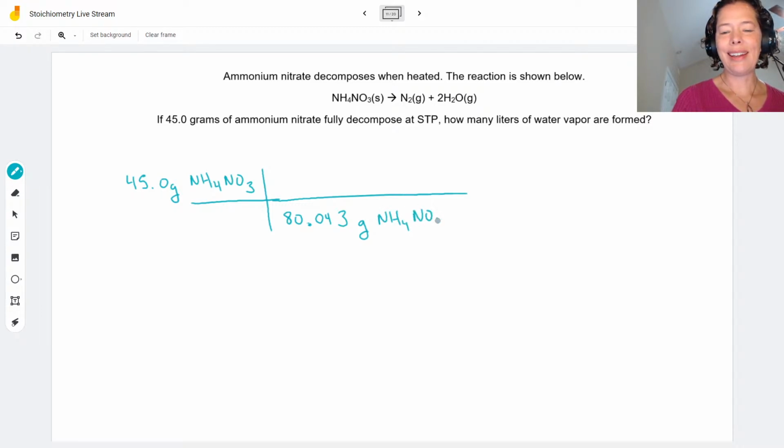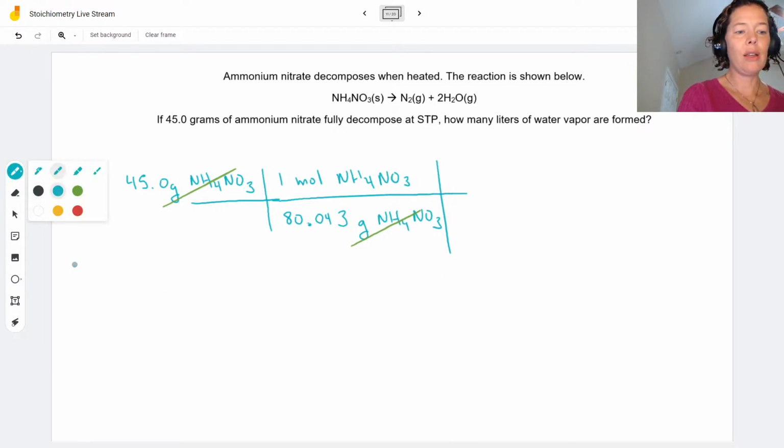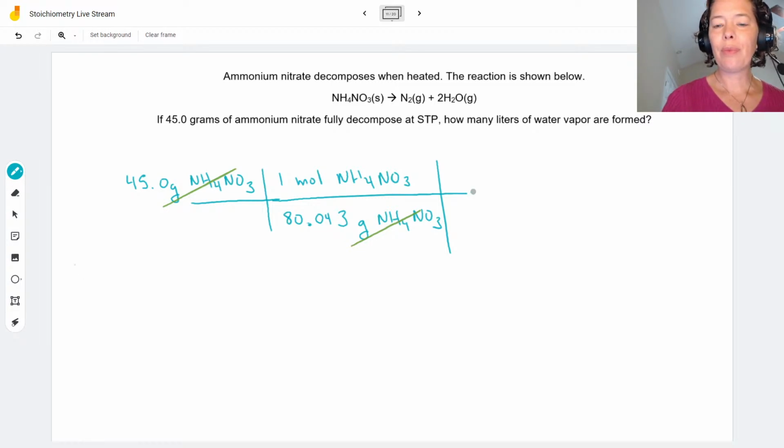Ammonium nitrate, and that of course is over 1 mole of ammonium nitrate. Okay, so now our grams of ammonium nitrate are going to cancel. That is fantastic. The problem asked us about water, so we need to convert to water using our mole ratio.